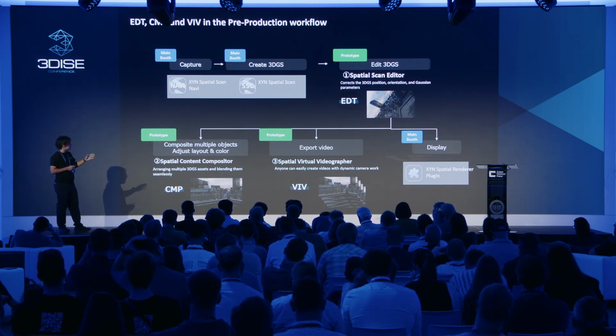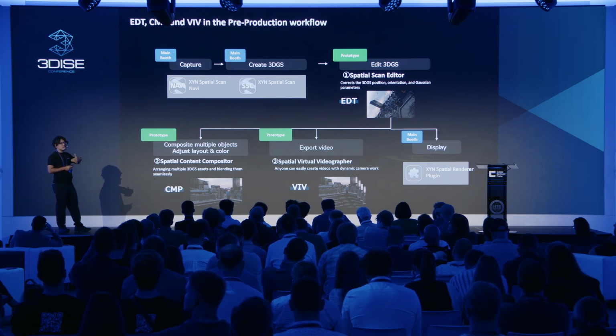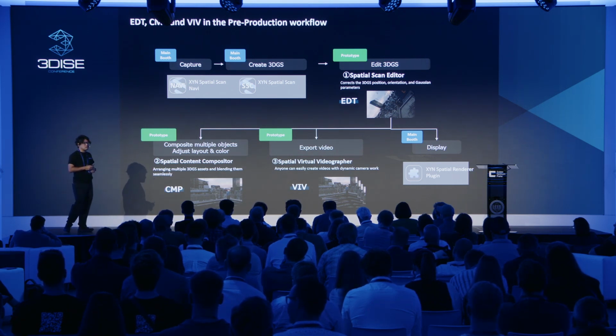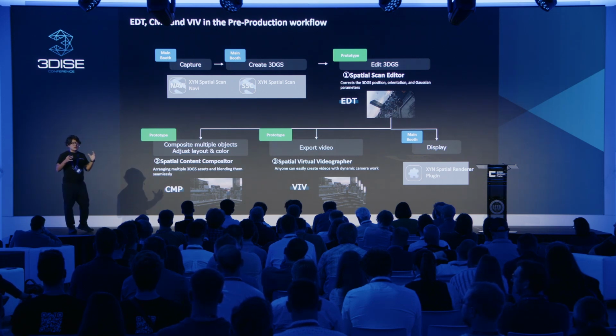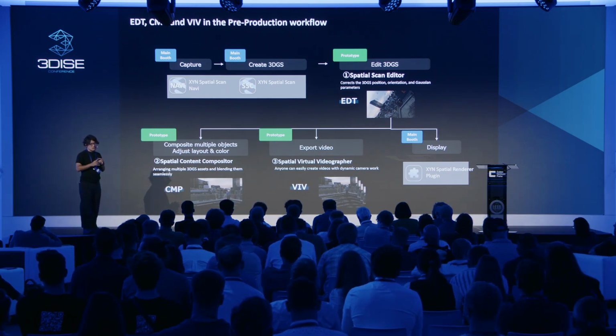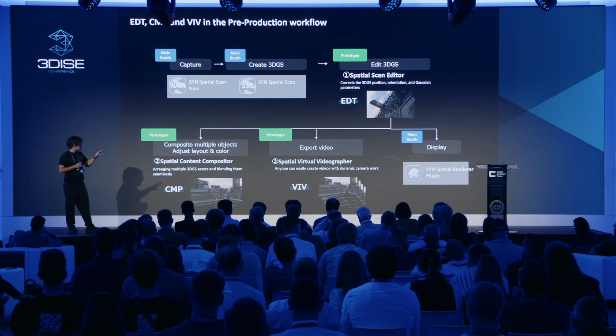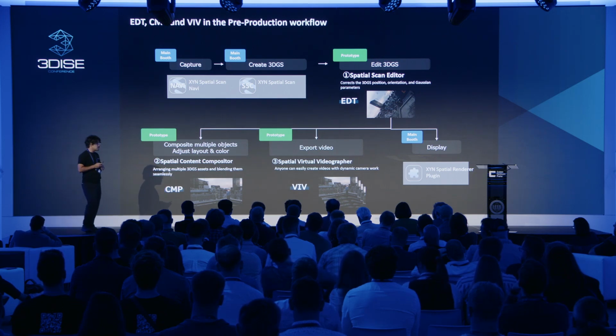And we also have our Spatial Visual Videographer, so you add the splats and create video movements easily. AI can create camera movements, and you can also manually change the camera movements. So if you want to create a video using splats, this solution lets you do it really easily.